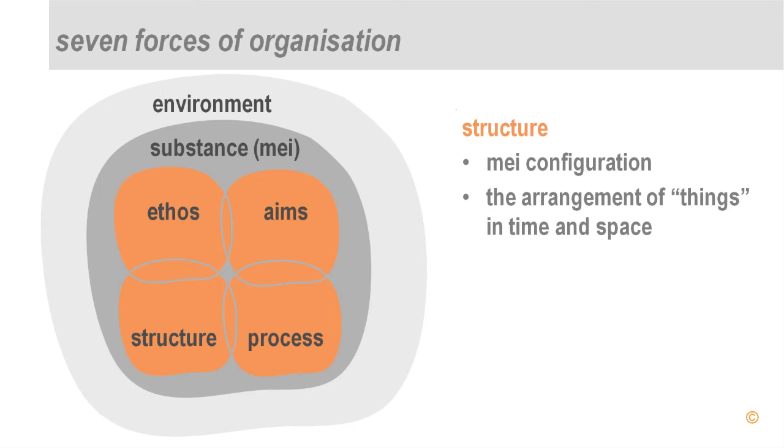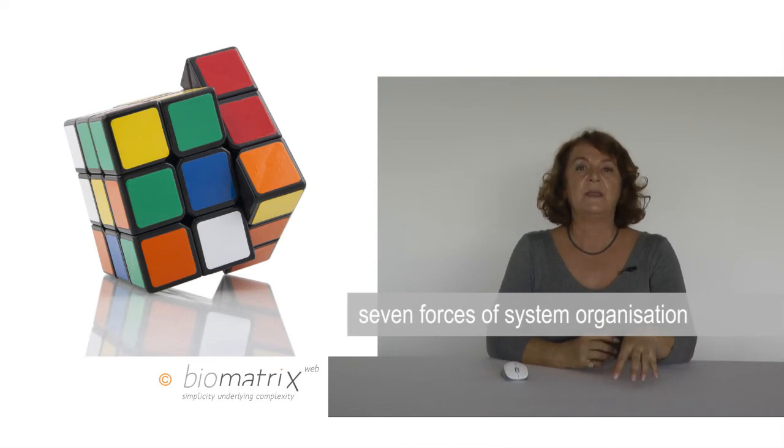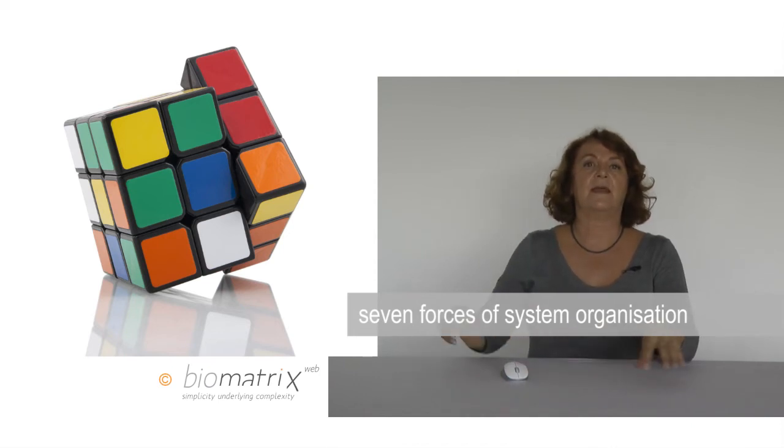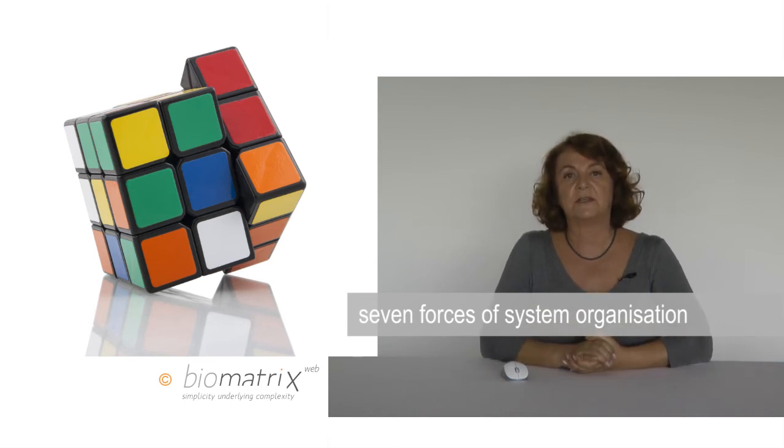So the structure of the room is how the different pieces of furniture are arranged. If we are looking at how the machines and workstations and persons are structured along a production line, how they are configured along a production line is what we refer to as the structure of the production line.